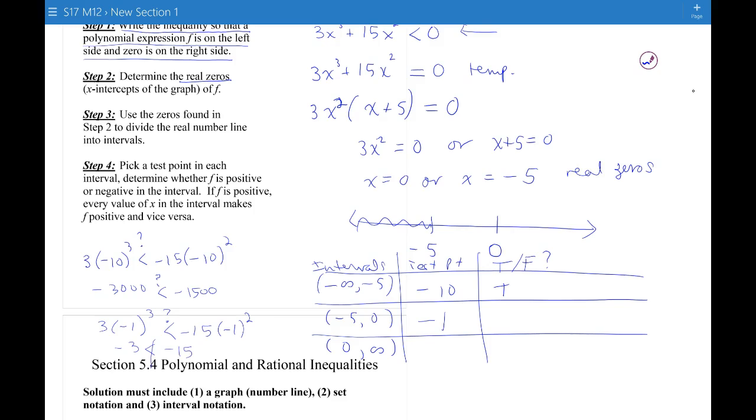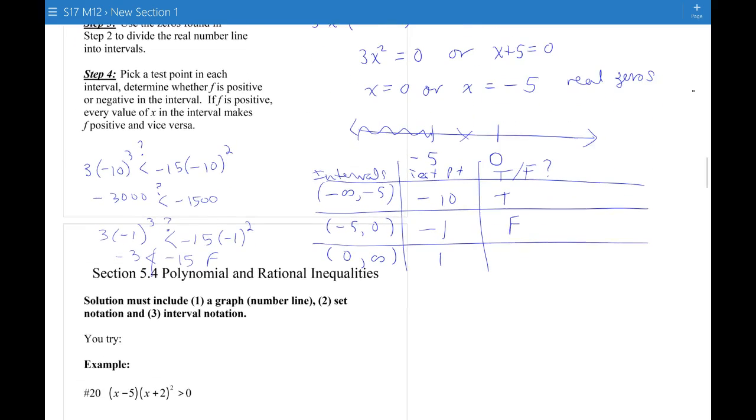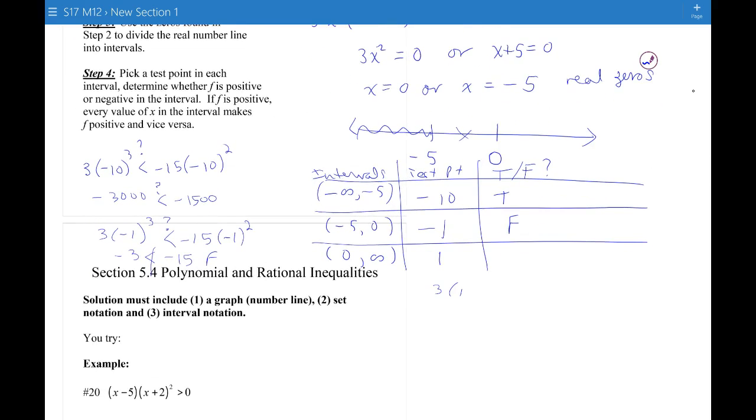Well, this isn't true. So we don't want this piece of the number line. And then let's use 1 in the next interval. And so I'm asking, is 3 times 1 cubed less than -15 times 1 squared? And 3 is not less than -15. So I don't want this piece either.